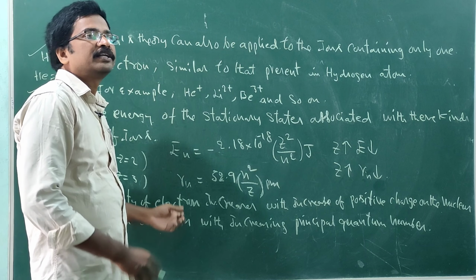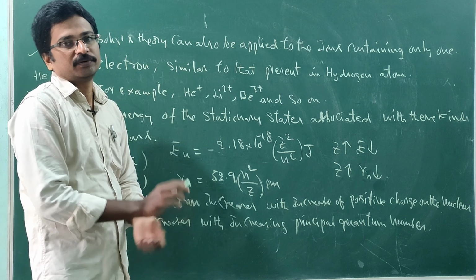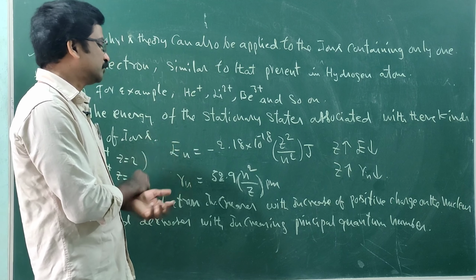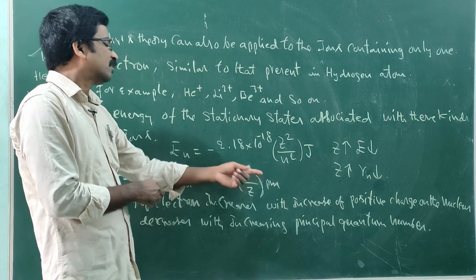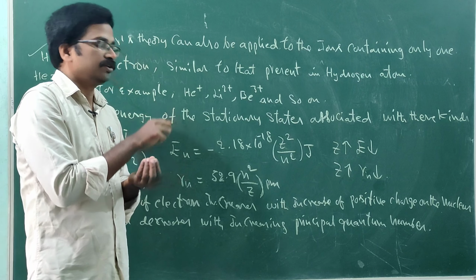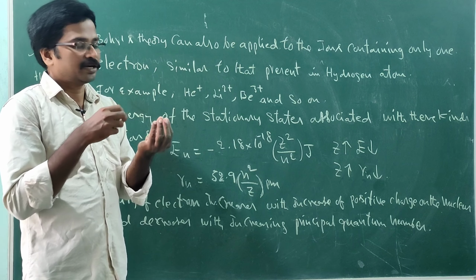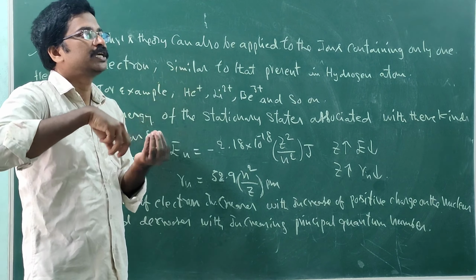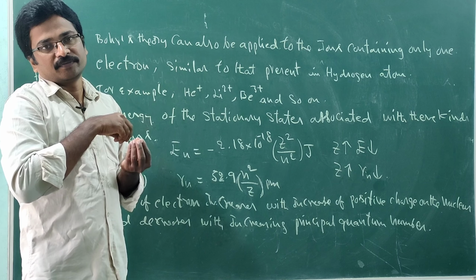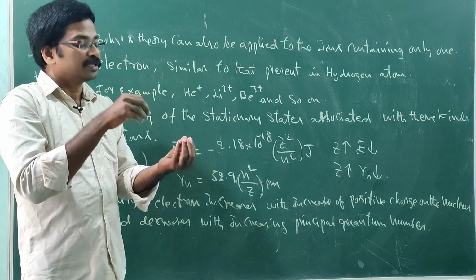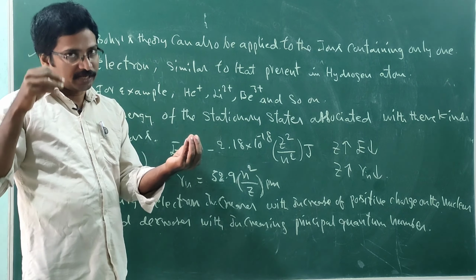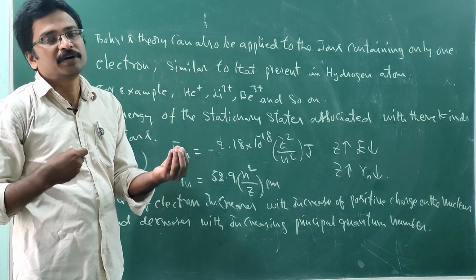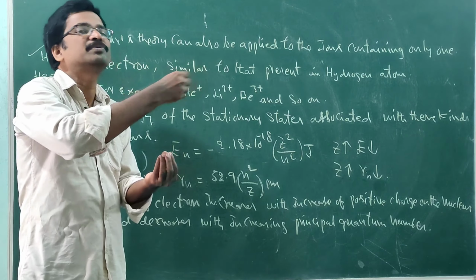The velocity equation is not given here, but they mention two points. Whenever the electron revolves nearer to the nucleus, its speed increases. As the distance between the nucleus and electron increases, the speed of the electron decreases, which happens with increasing principal quantum number.